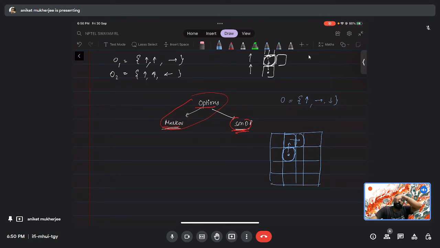I need to remember which state I had taken the option in, so that I can take the action in this step as coming down here. So now, instead of having a Markov decision process as our underlying structure, we are having a semi-Markov decision process.